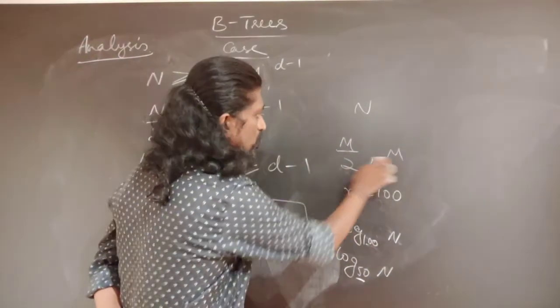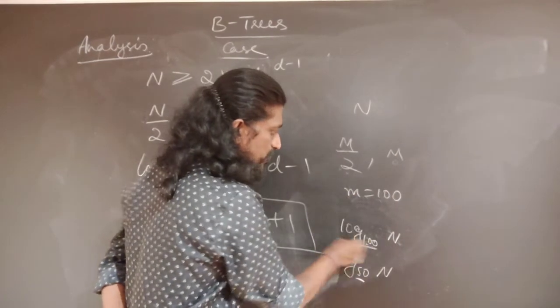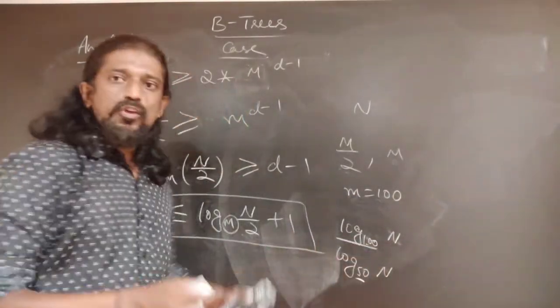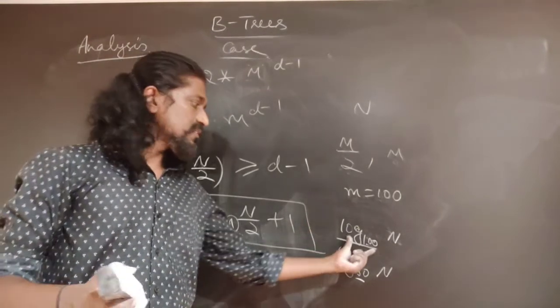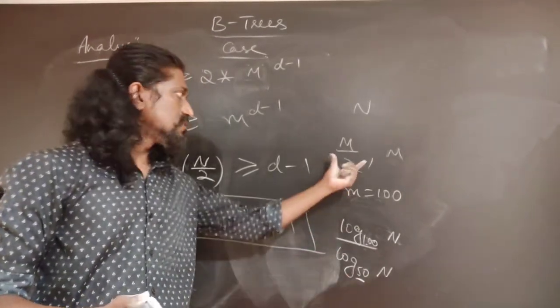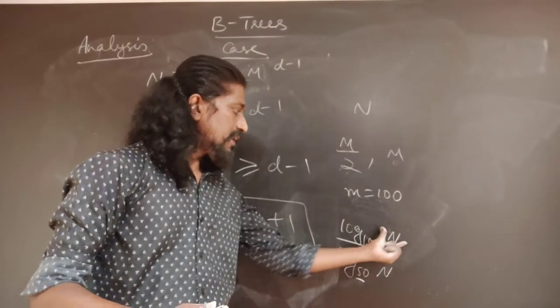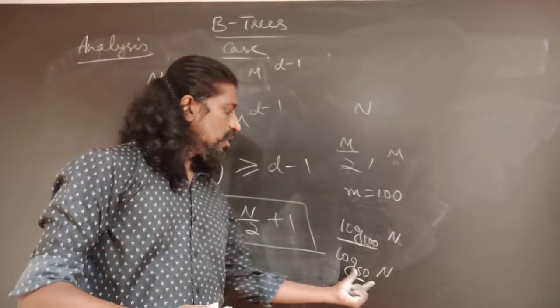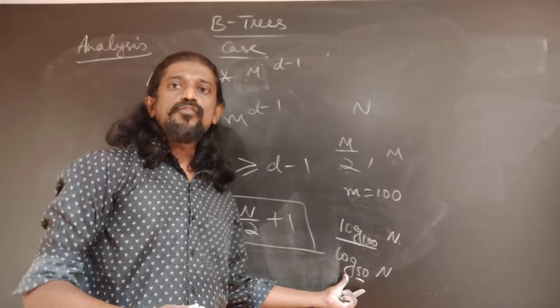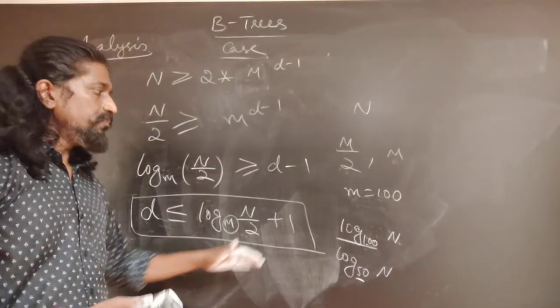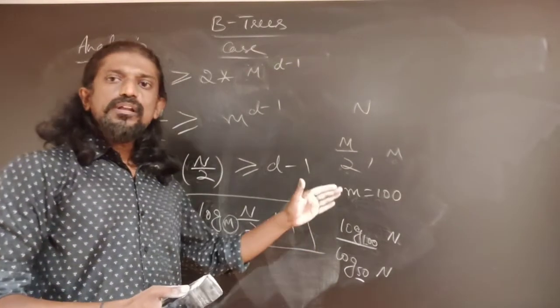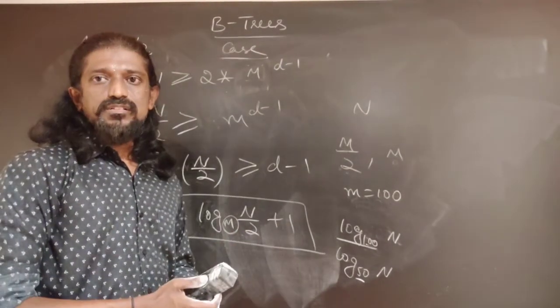They will have a very huge difference. It will be a very big number. We can take some values and compare for ourselves. So the efficiency of the B tree will be far better compared to any of the other file structures that we know.